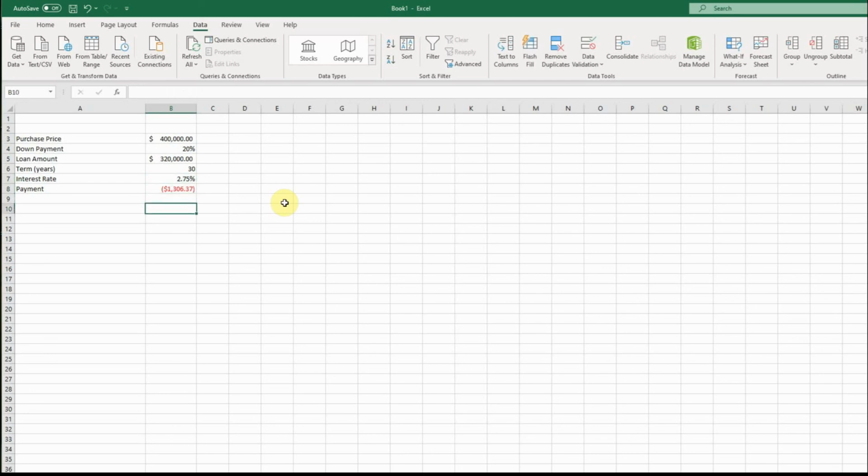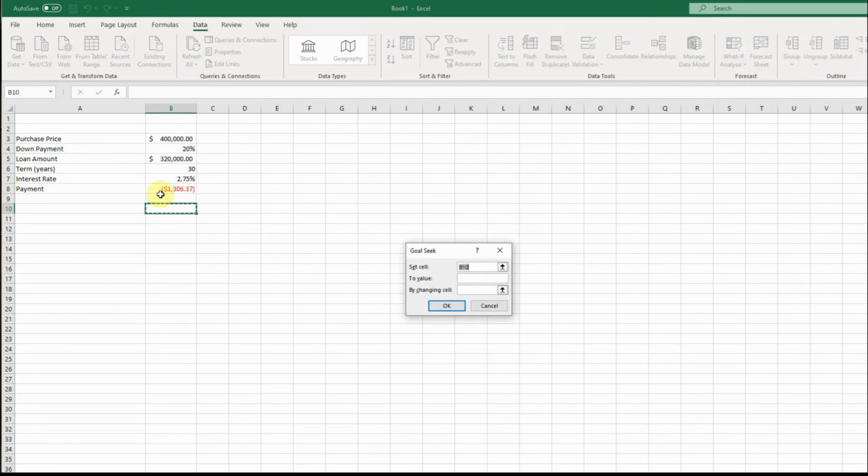So you're just going to do the same thing: what if analysis, goal seek, and we're going to set this to minus 1,100, but we want to change our interest rate. This will give you an idea of how much that rate actually impacts your payment. Then hit OK. So you'd have to have quite a substantial reduction in rate given those parameters to get that number down.